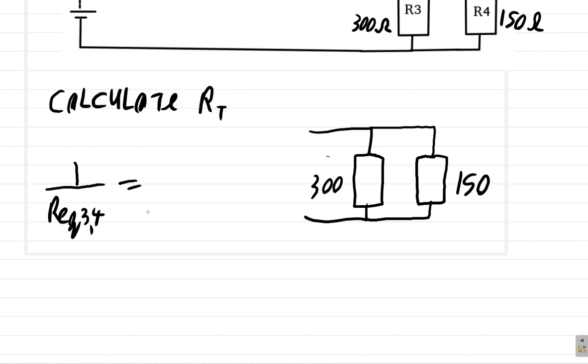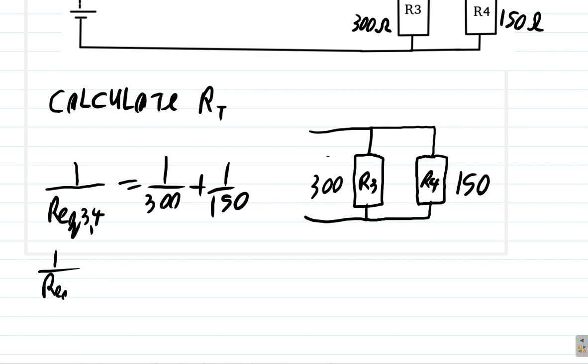We're going to calculate the equivalent resistance of R3 and R4 combined. Remember, this is R3, this is R4. This is equal to 1 divided by 300 plus 1 divided by 150. So 1 divided by the equivalent of 3 and 4 combined is equal to 1 over 300 plus 1 over 150.